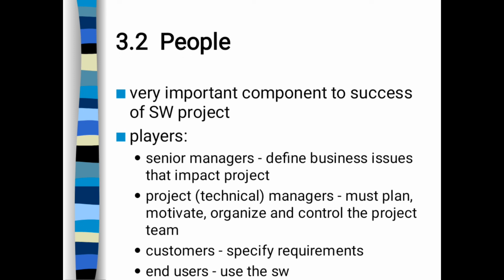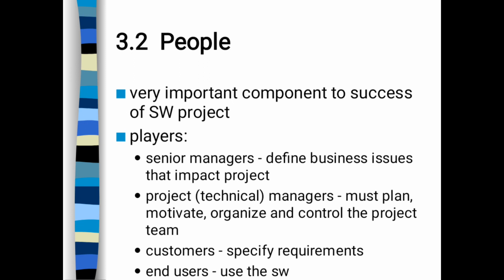People, the first P, very important component to success of software project. See, it is the people who have to motivate the team. It is the leader who has to motivate the team, and the right people will make sure the project is success.